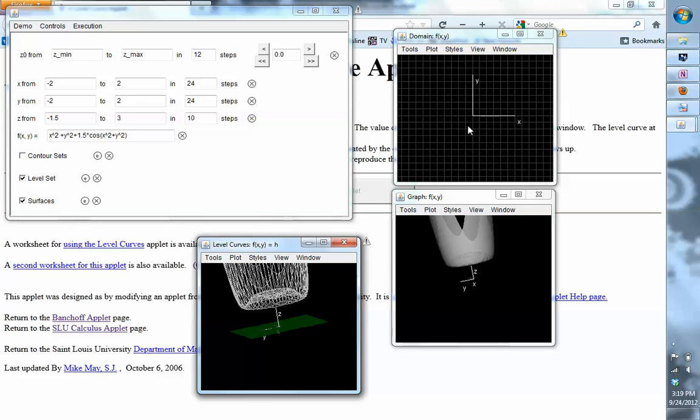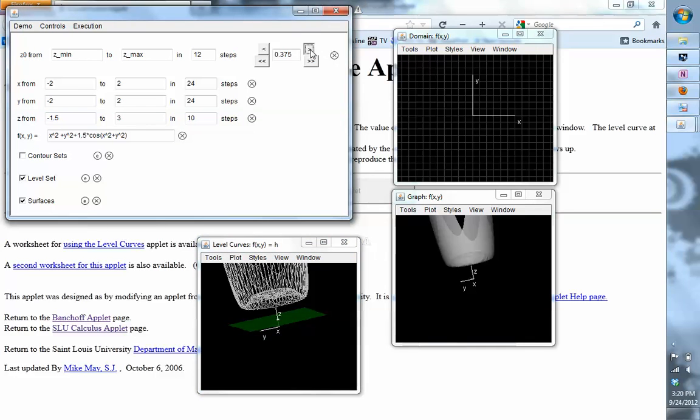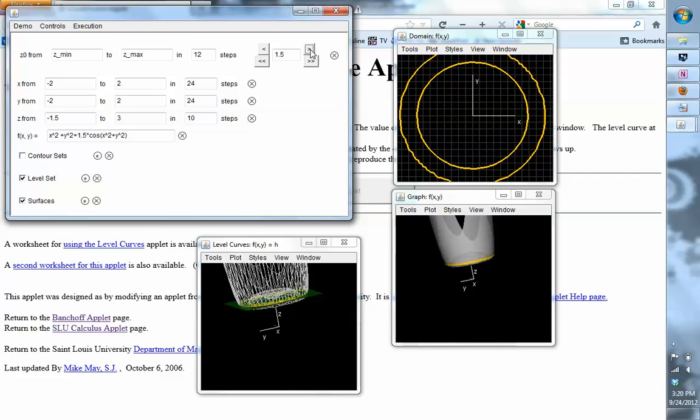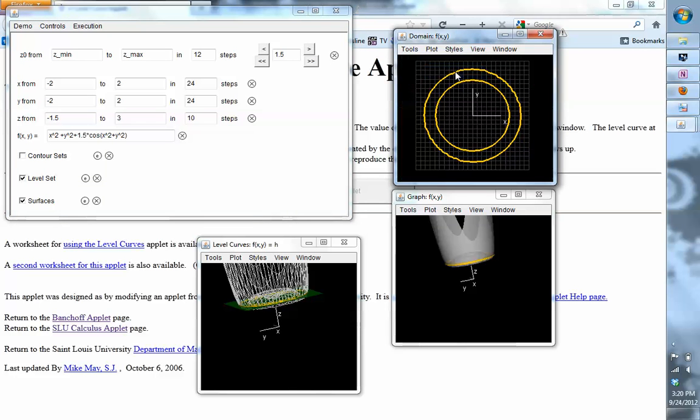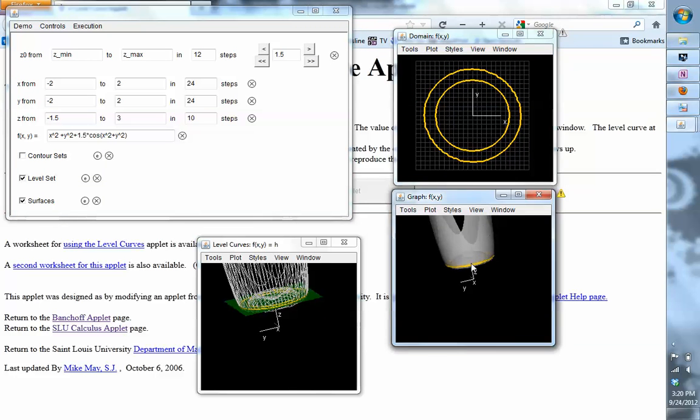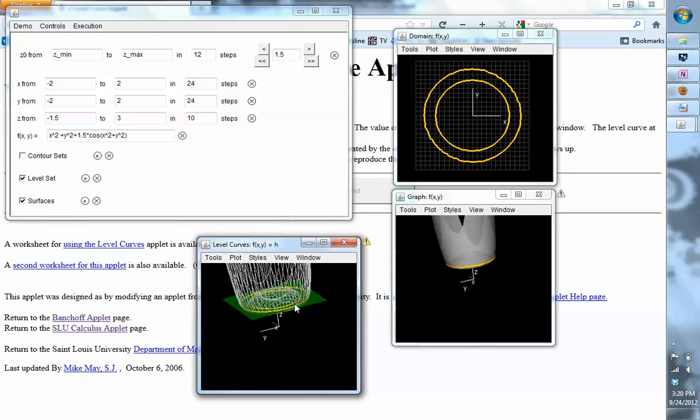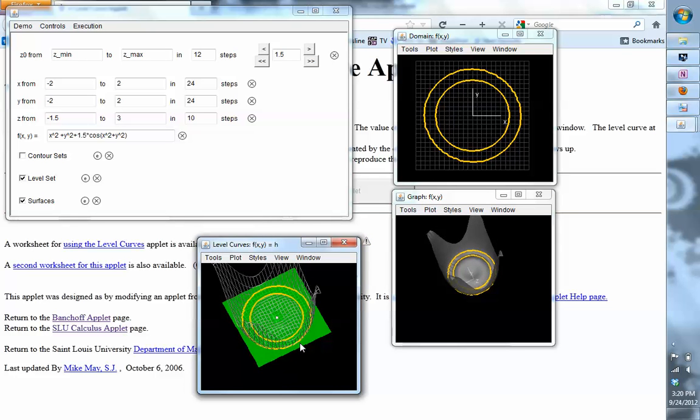There's a similar surface, and what we're going to see in this window is the collection of x and y values that satisfy the level curve. All right, so I'm going to raise this plane up, and it's going to start hitting. Okay, let's zoom out a little bit. I've raised the plane up to where it's actually hitting the surface, and it's hitting the surface in 2 concentric circles.